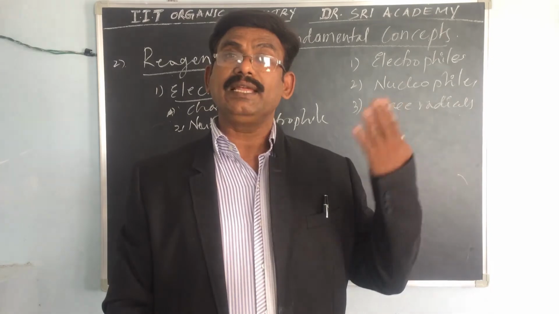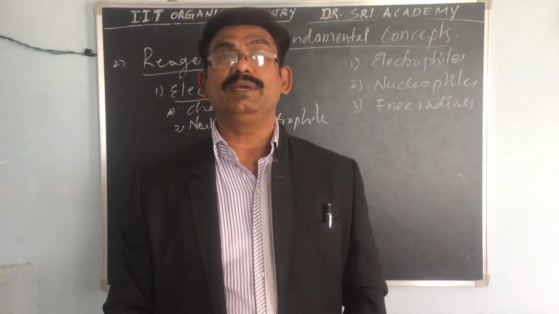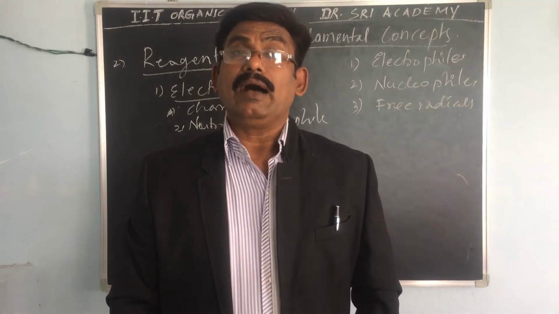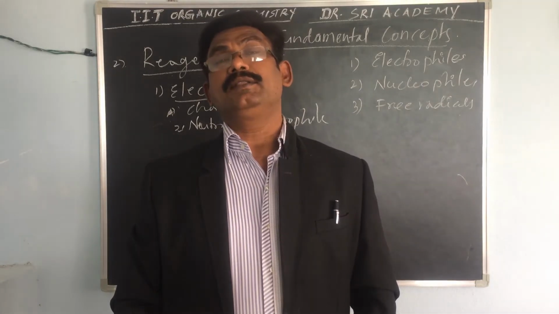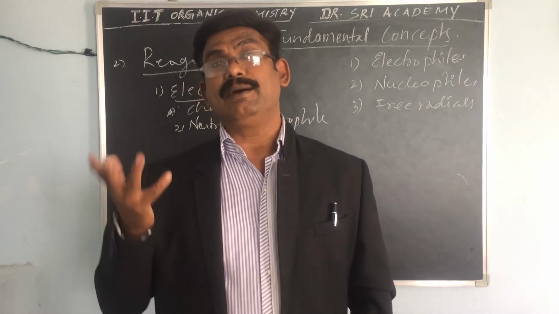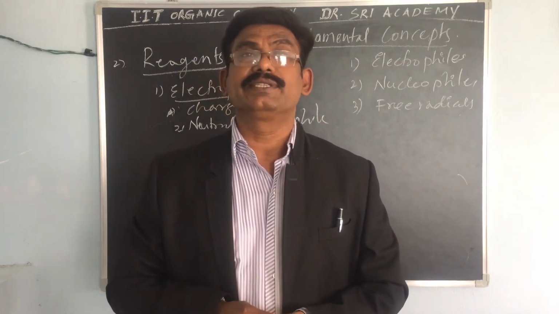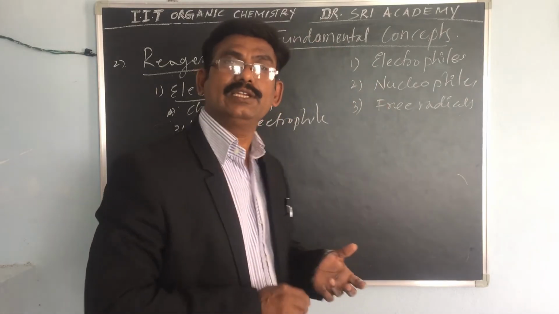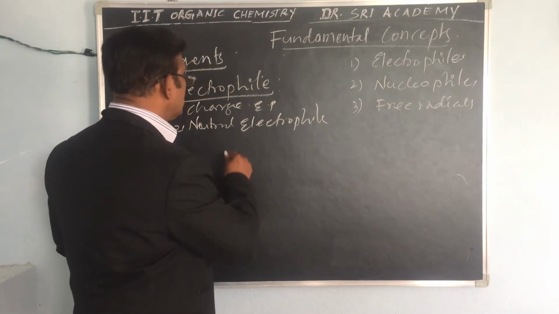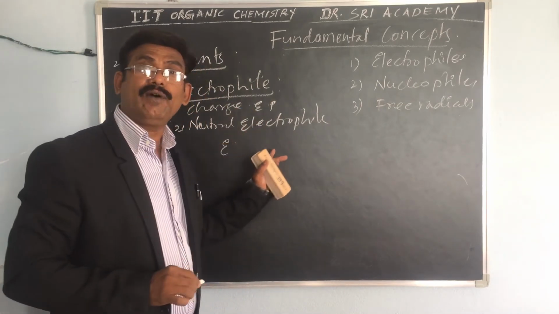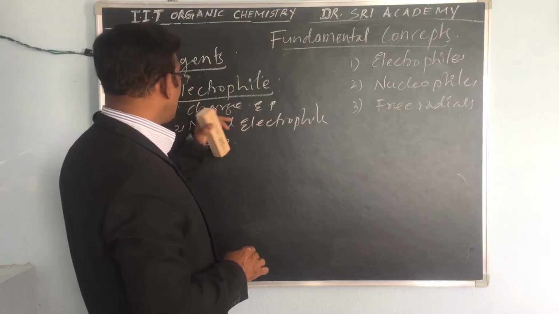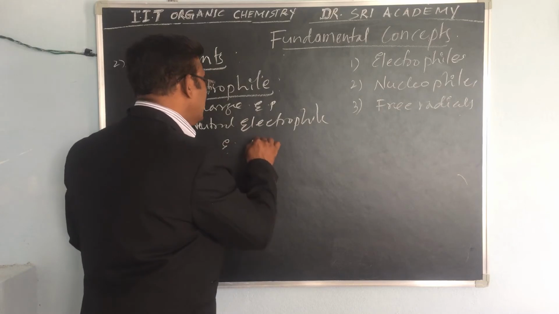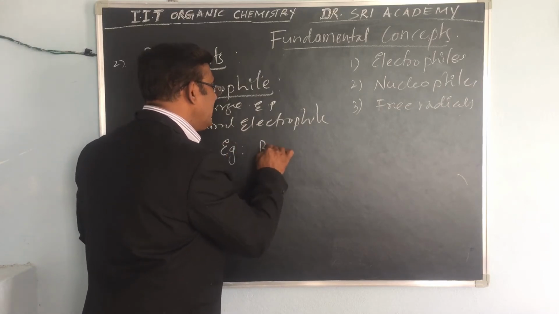Octet rule is incomplete. What type of compounds are important? Examples, we have to know incomplete octets, especially beryllium chloride, BeCl2. Examples are important. So neutral electrophiles include beryllium chloride.